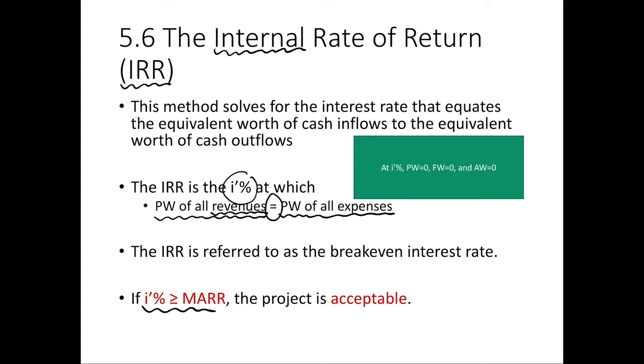So the IRR is actually referred to as the break-even interest rate, right? Because you're making this equation happen, and when it happens, you just make an even case. You don't gain money, you don't lose money. You just keep your cost recovered. Barely recovered.